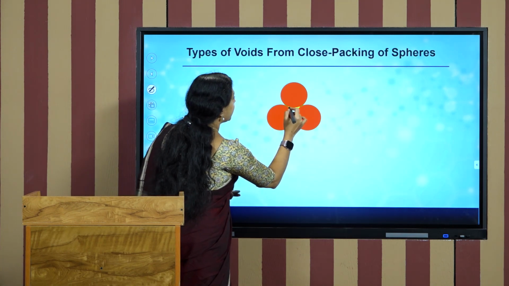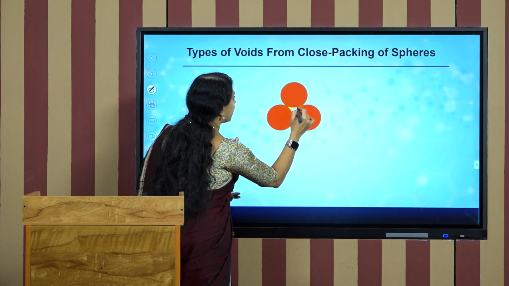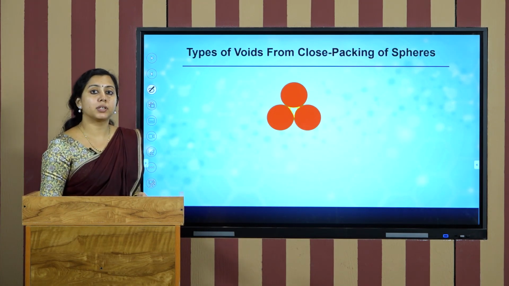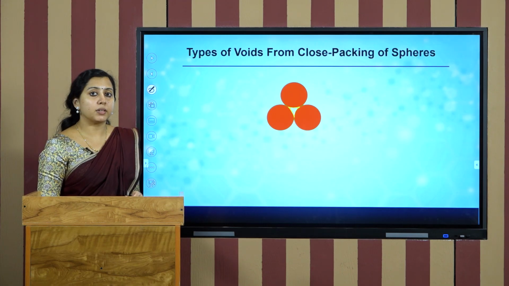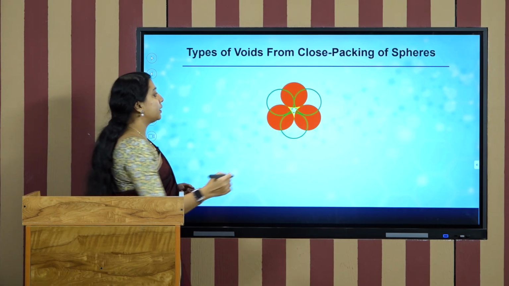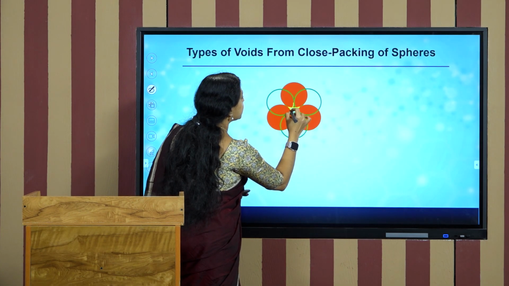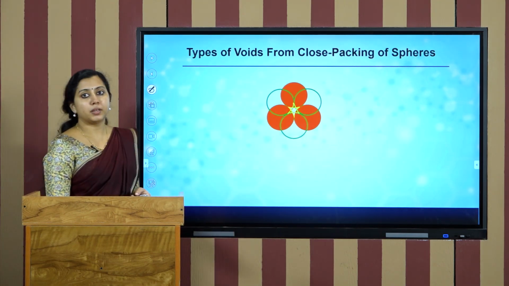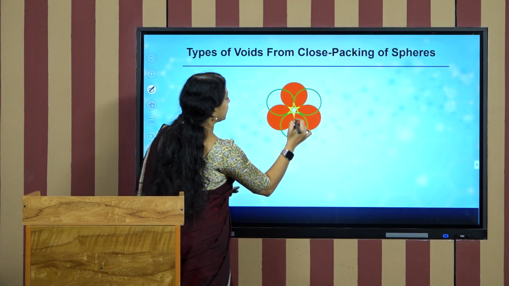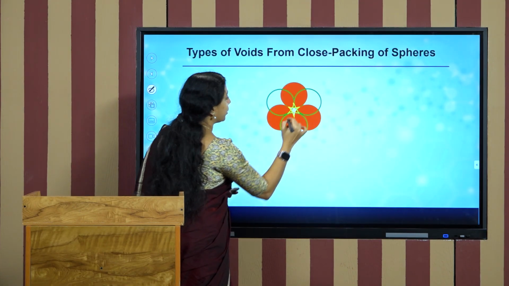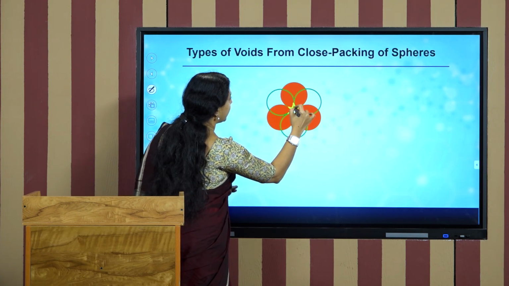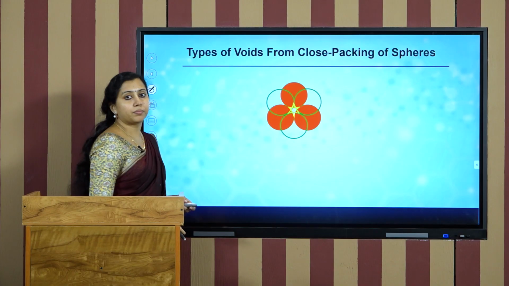Here you can see that the apex of the triangular void points downwards. We add the new layer in such a way that the apex of the triangular void of the new layer of spheres points in the upward direction, as you can see here.